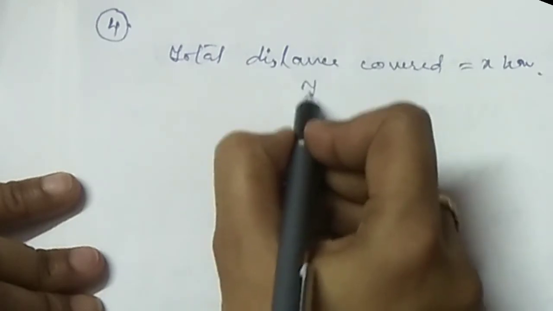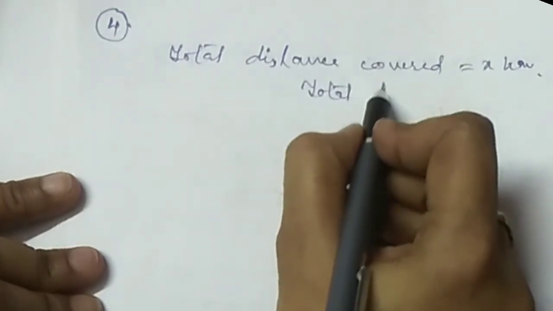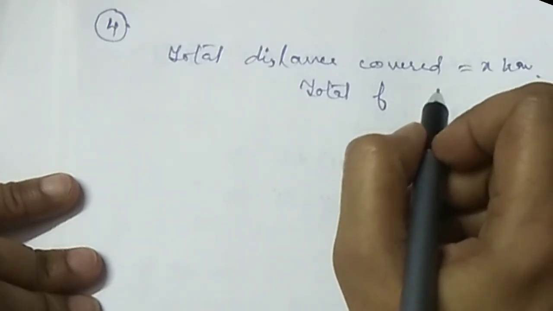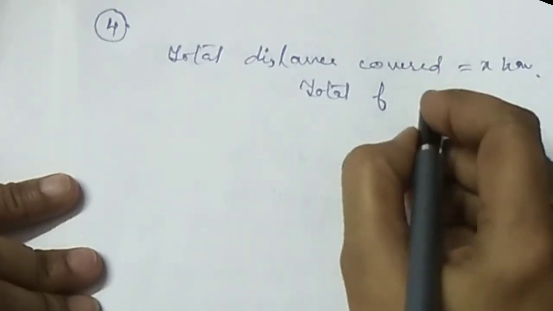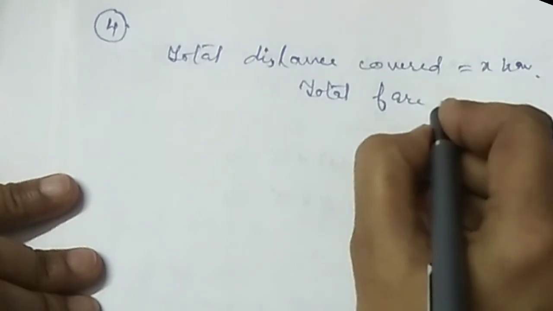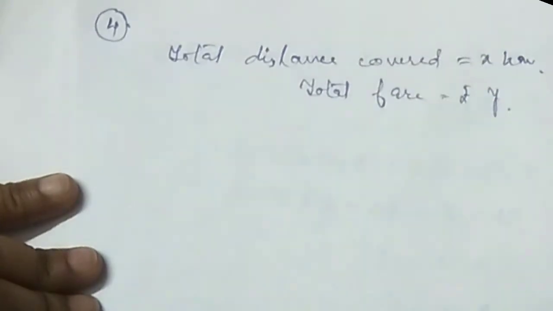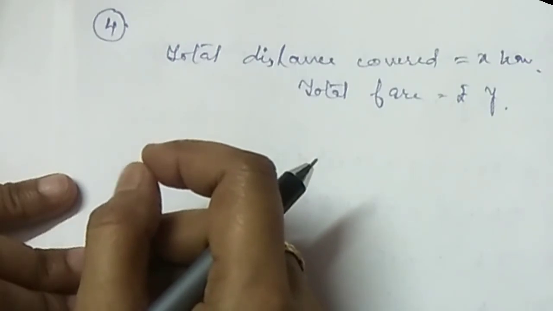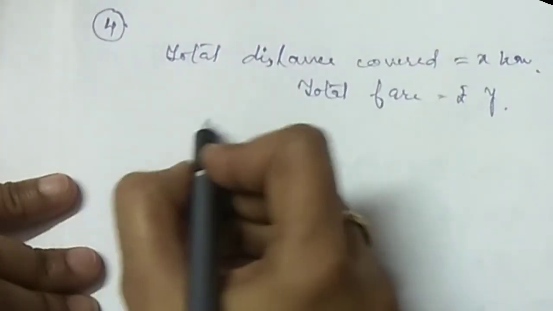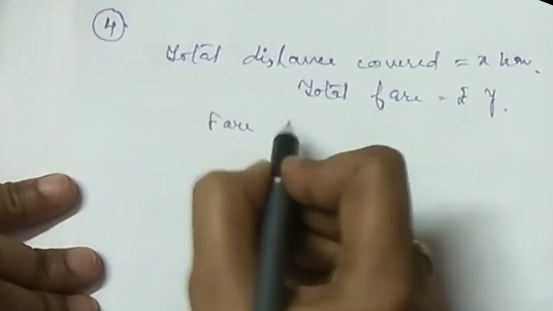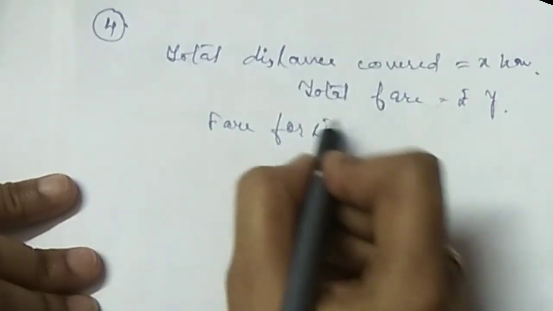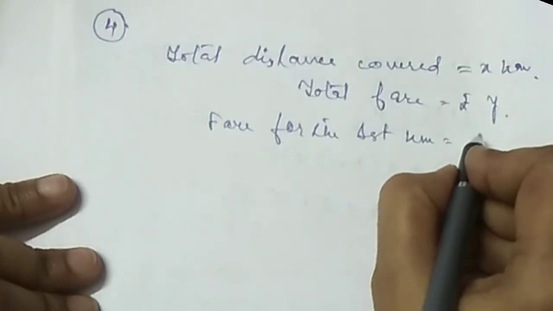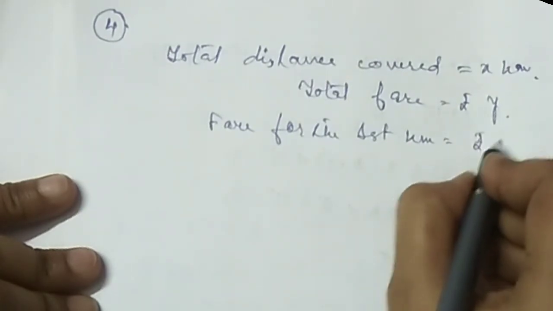Total fare y is equal to rupees y. Fare for the first kilometer, rupees 8.